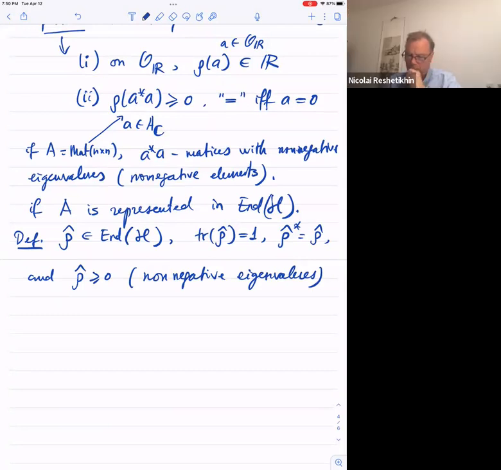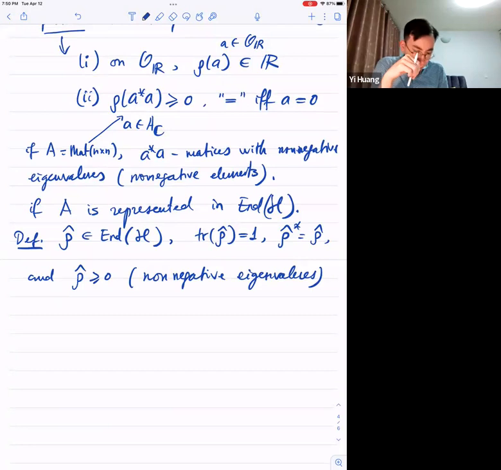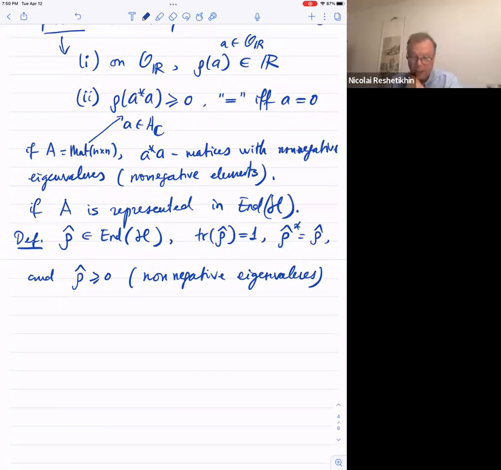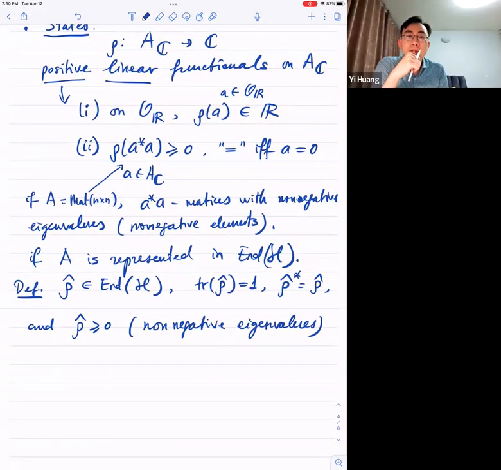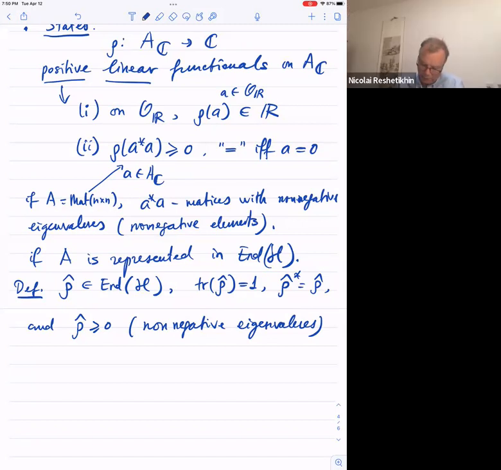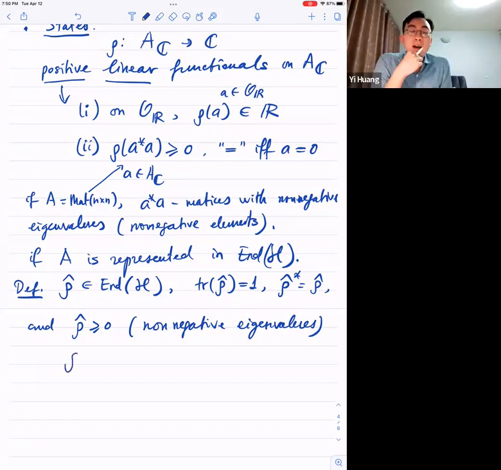You wanted positive, you wanted linear. Yes, these are linear functions. If it takes in A, it gives out... Oh, I see, it's taking in A star. Yes, maybe I should say that. Okay, I misread it.